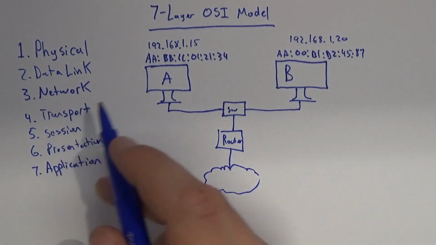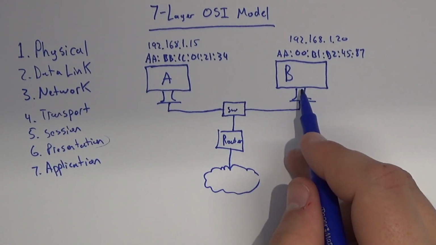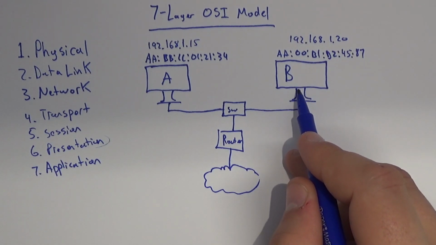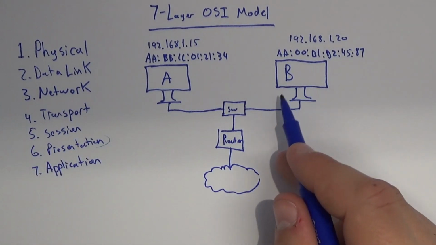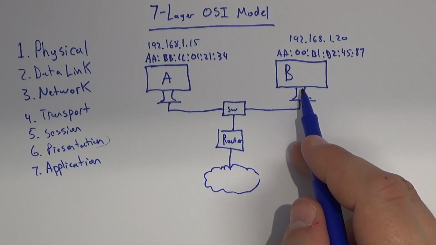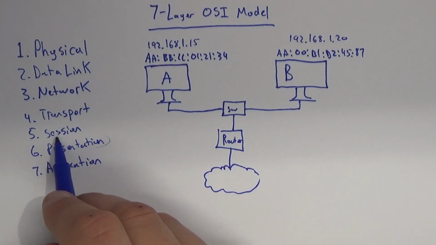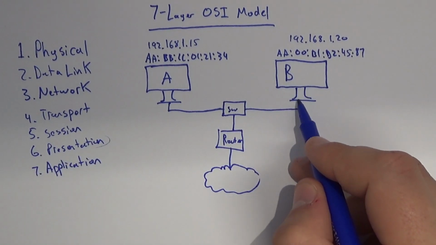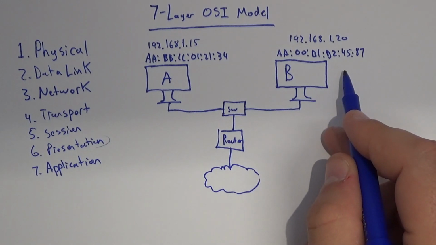Then the transport layer, it's going to start piecing back together all of those pieces of that conversation at the transport layer in computer B so that it can reassemble that message. And part of the transport layer's job is making sure all the pieces make it there and that they make it there in the correct order so that B can reassemble the message as it was intended. Then the session layer is going to keep track of which conversation we're talking about so that my Skype message doesn't show up in a Chrome tab somewhere.